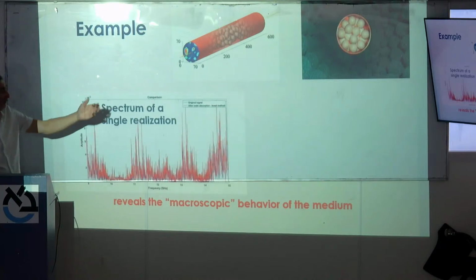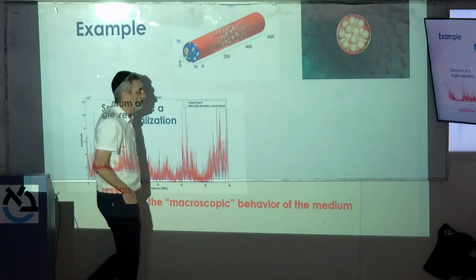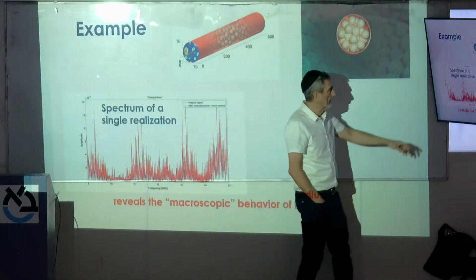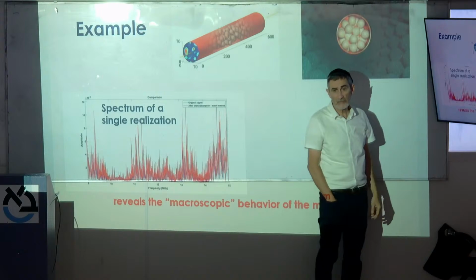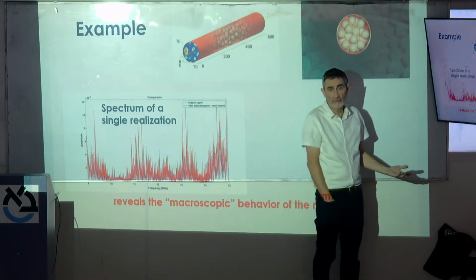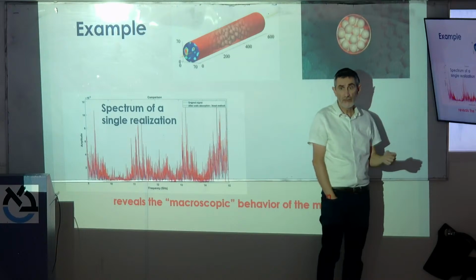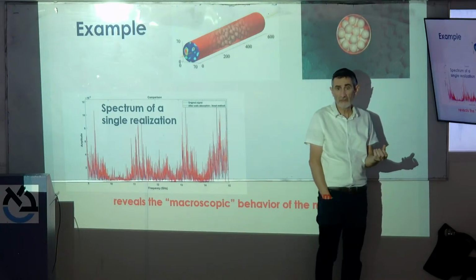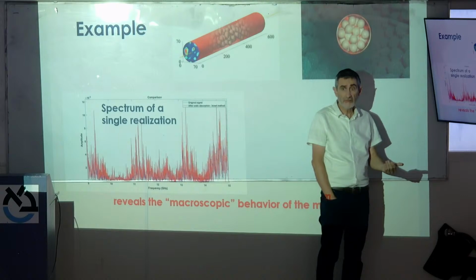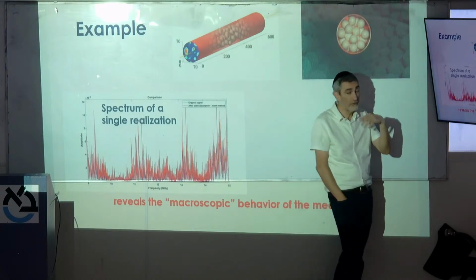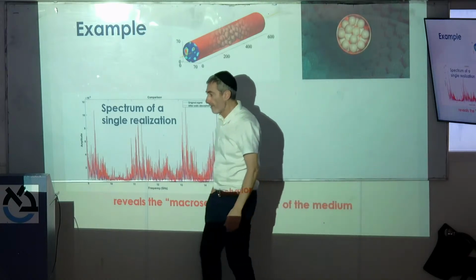It is a very noisy spectrum. Why this noise? Because you have interferences. For a given frequency, you may have constructive interference, for another one, destructive interference. That's what you see, a very noisy signal.